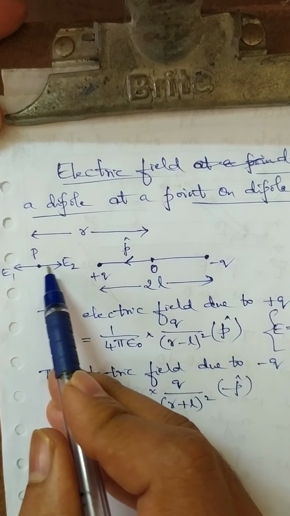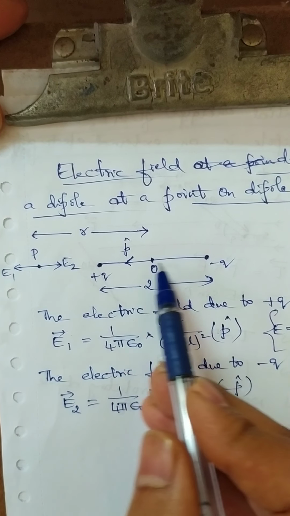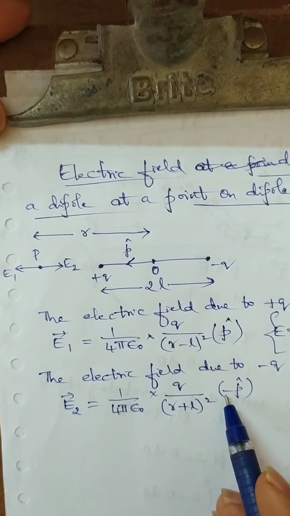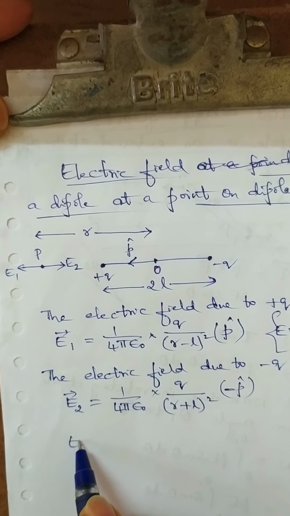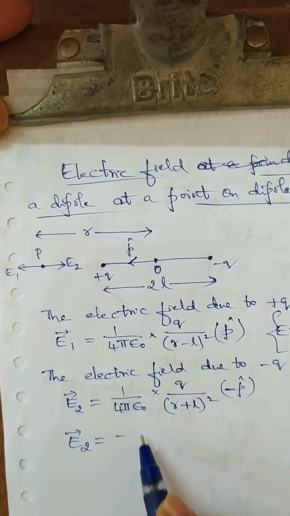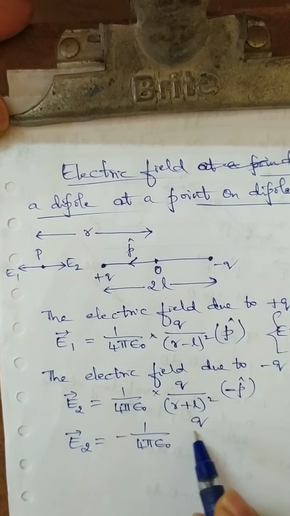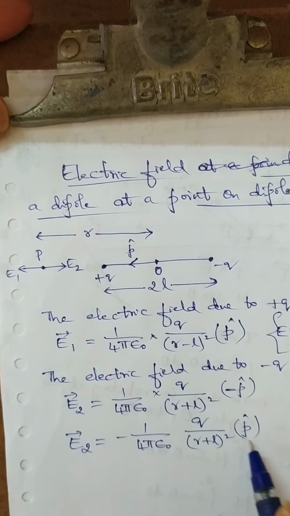The electric field E2 is directed towards the right, whereas the dipole moment is directed towards the left, opposite to the electric field, so I have written negative. The same thing can be written as E2 is equal to minus 1 by 4 pi epsilon naught into Q divided by R plus L whole square into P cap.